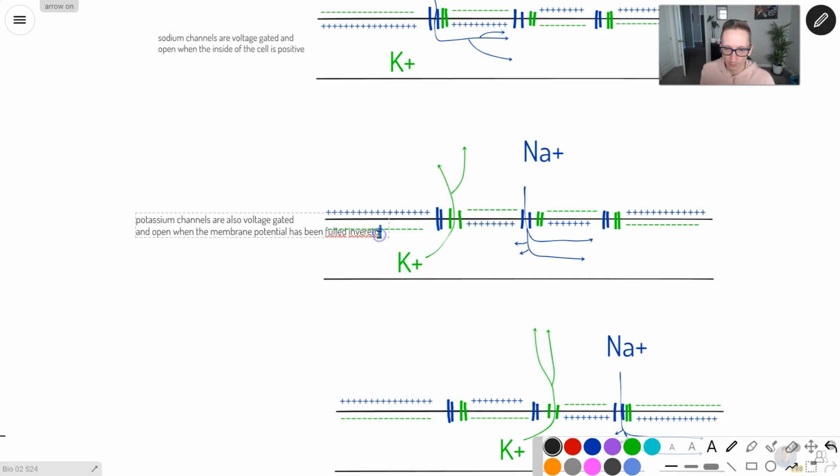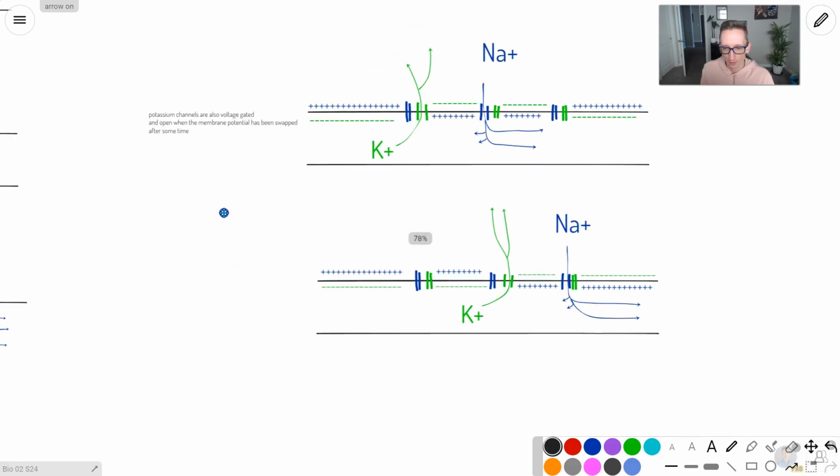Fully swapped, after some time. Potassium channels open on a delay.